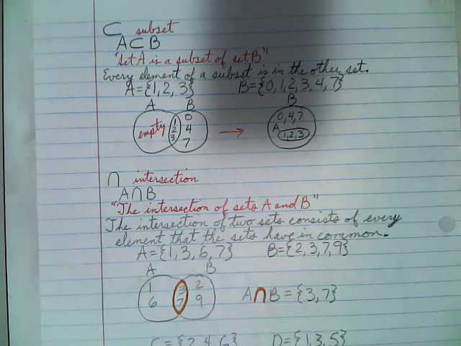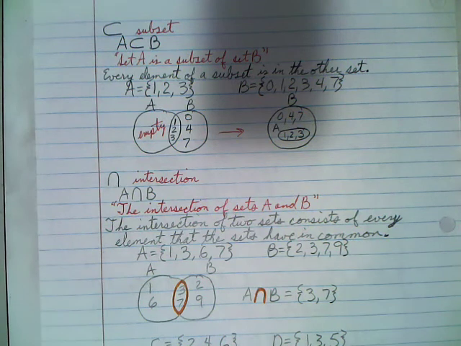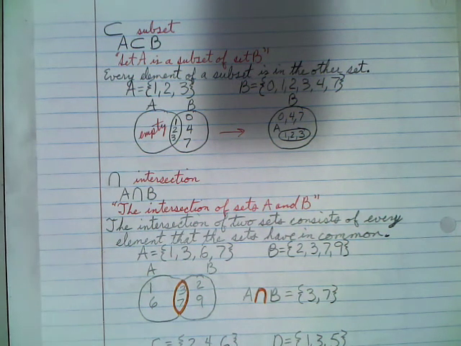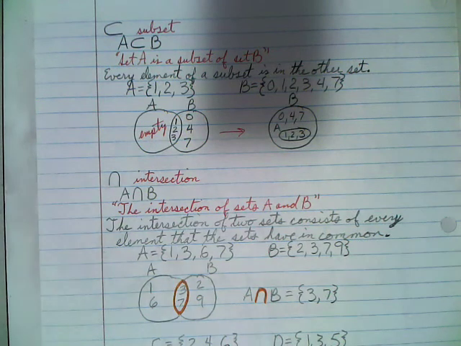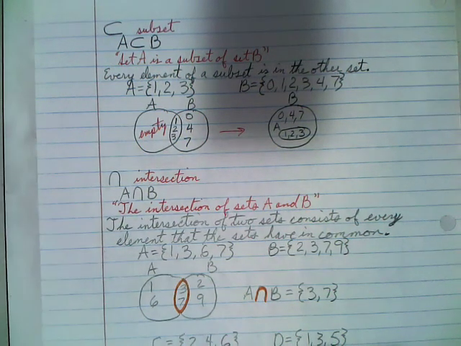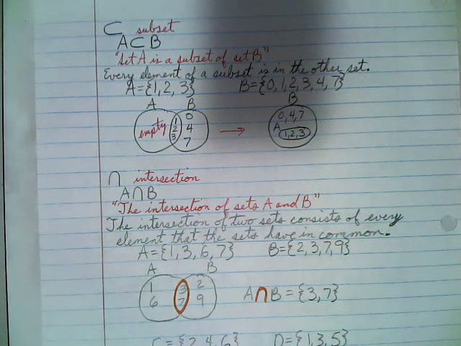And so we get a set with nothing in it, which can also be written with this symbol here, a circle with a slash through it. And so this is what's known as the empty set. And this also is sometimes known as the null set. So empty set, null set.